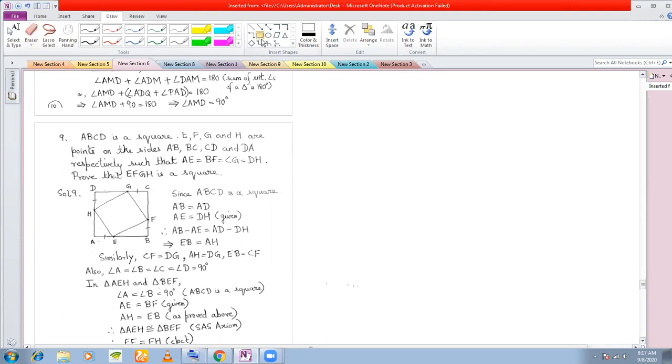Let me draw first and then try to understand. This is your square, and let's label the square as ABCD. And remember, the figure is not given. We are drawing the figure. See that I have drawn the figure only once, which means that the figure is not given. ABCD is a square. EFGH are points on the sides AB, BC, CD, and DA.